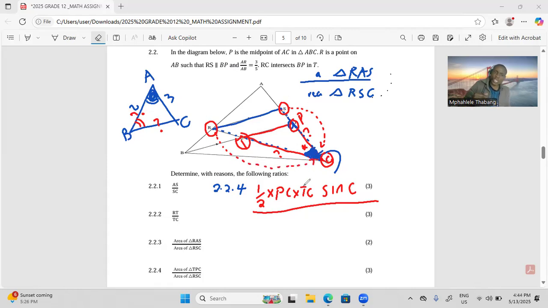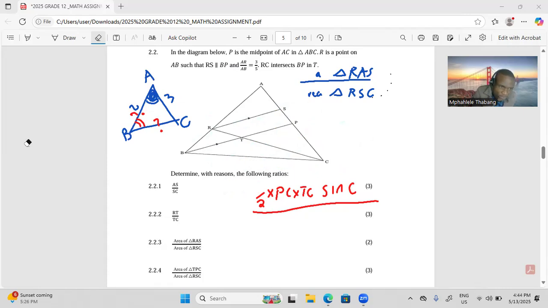Let me erase everything so that we focus on this triangle and you can see it very clearly. This triangle RSC, I also want us to see C as the included angle, because I've noticed that the two triangles share the same angle C. So I'm always using the angle C as the included angle.